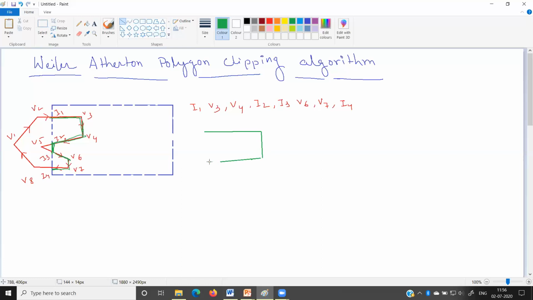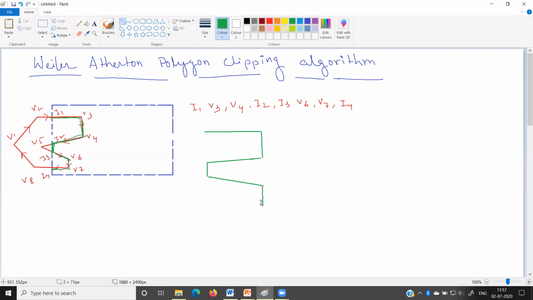So what I want to say is that I am getting an edge like this one. So this edge which I am drawing now, this is not desirable because this edge is not part of the polygon. So we should not get this edge.